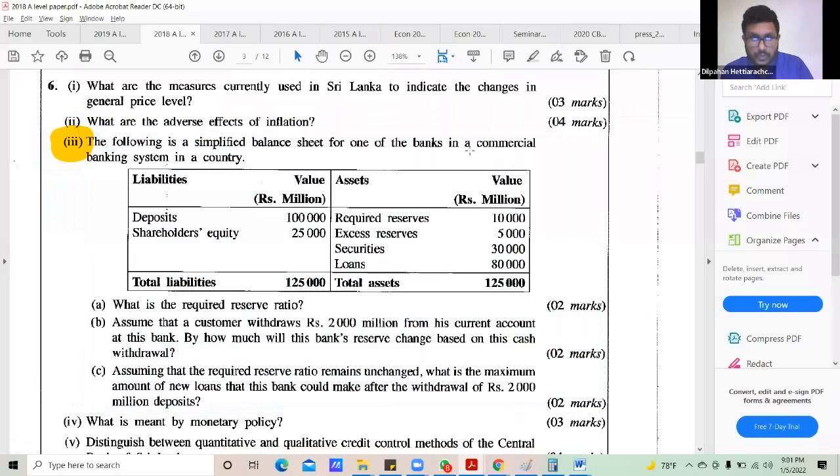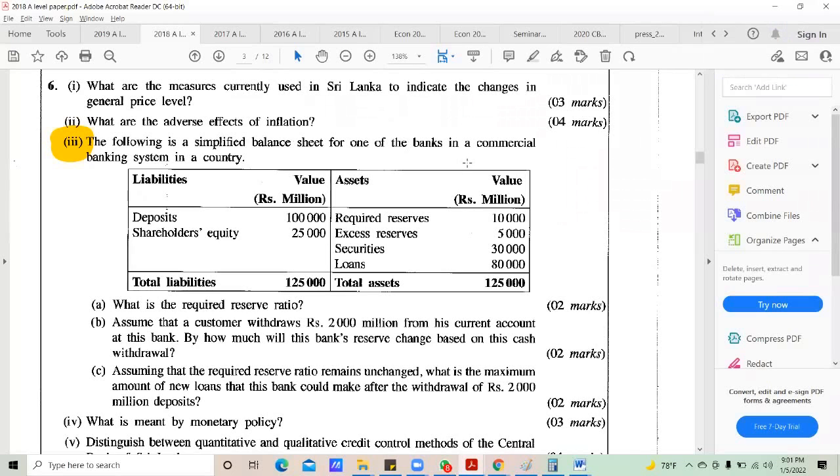So this is also a commercial bank question. Look at this. The examiners, the people who are preparing the paper, they are very cunning, they try to trick you.